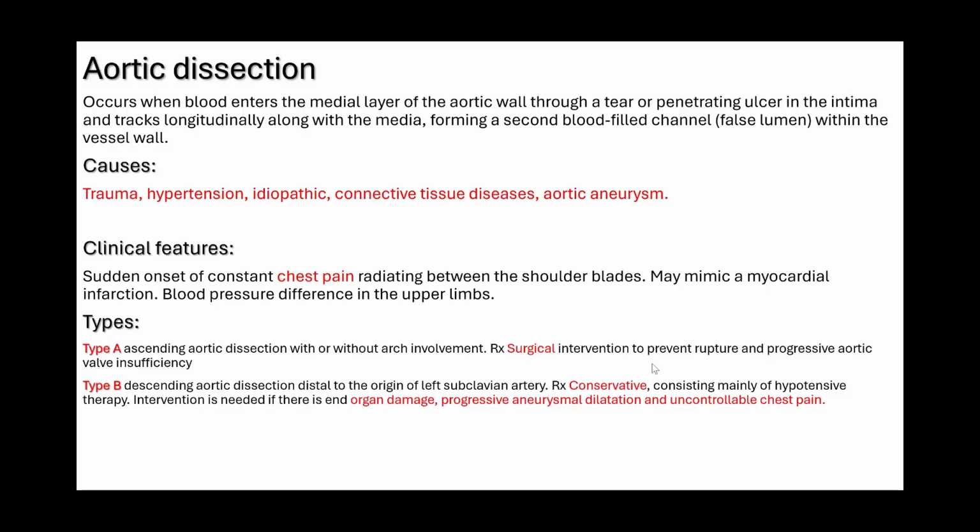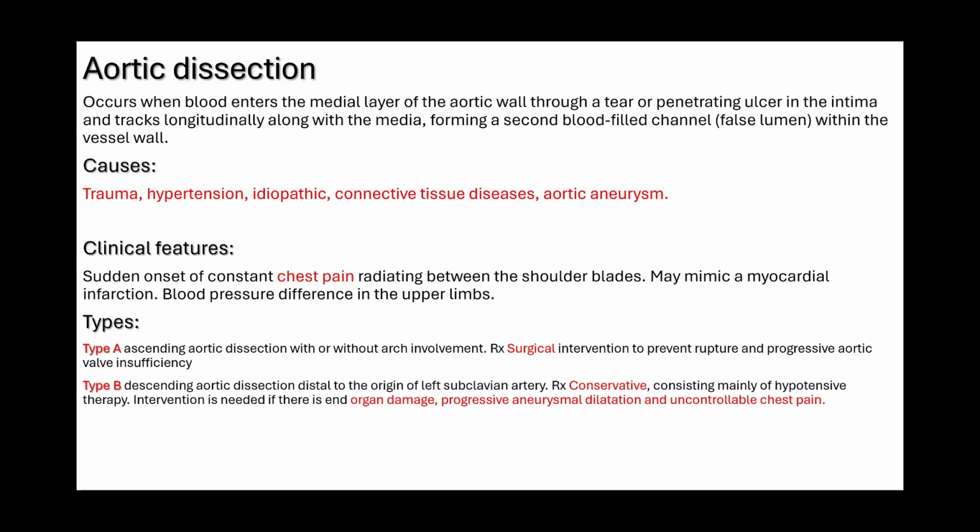So aortic dissection occurs when blood enters the medial layer of the aorta through a penetrating ulcer or tear into the intima and goes all the way down to the media, forming something called false lumen. We should know which part of the aorta is supplying the organs. Is it false lumen or true lumen?